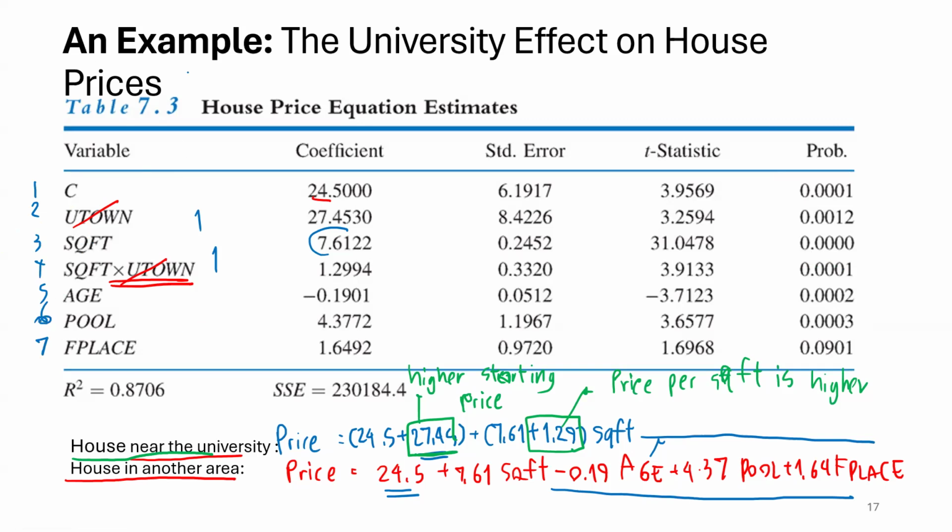But how about if I would like you to interpret beta 6 hat? Beta 6 hat is 4.37 with probability 0.033, which is less than 0.05, not 0.1. Good.